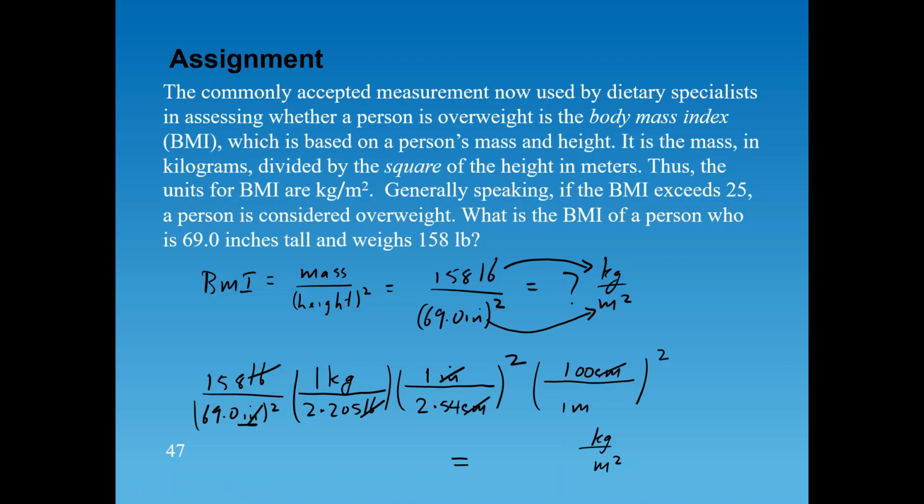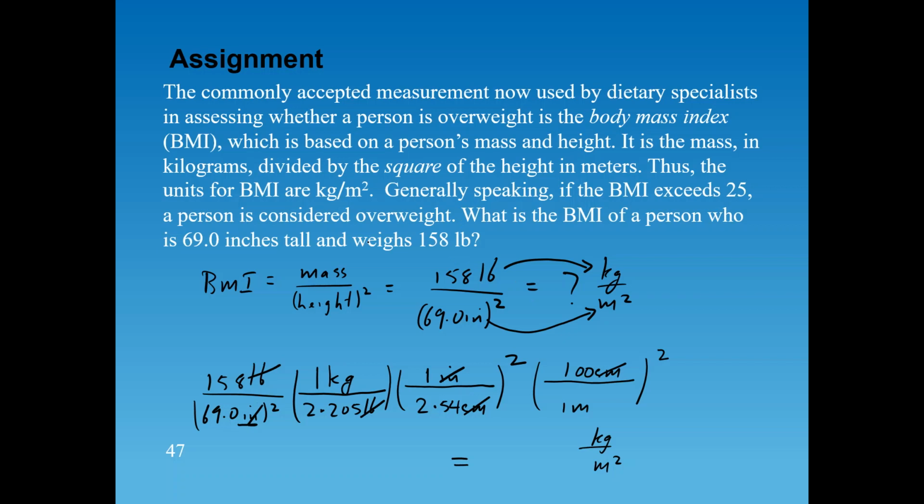Let me do that now. 158 divided by 69 squared, divided by 2.205, divided by 2.54 squared times 100 squared. And according to my calculation, I'm going to end up with a rather long string of digits, which we need to round off to 3 sig figs.